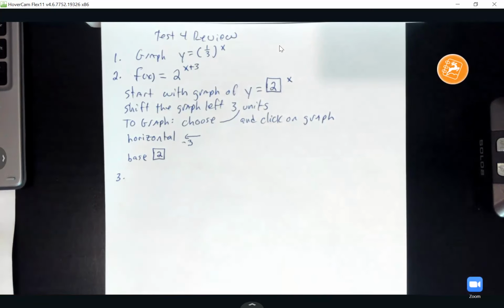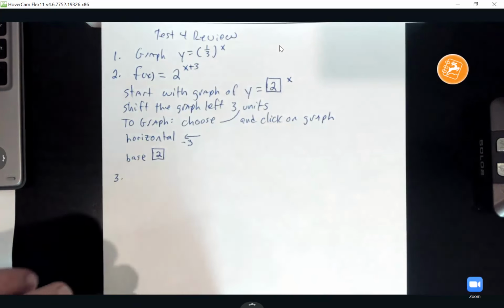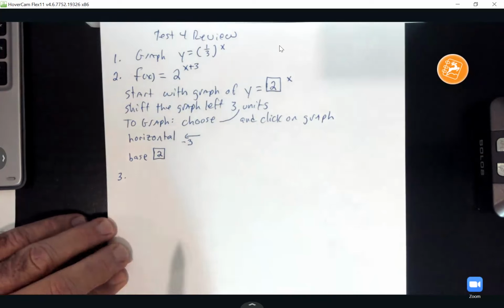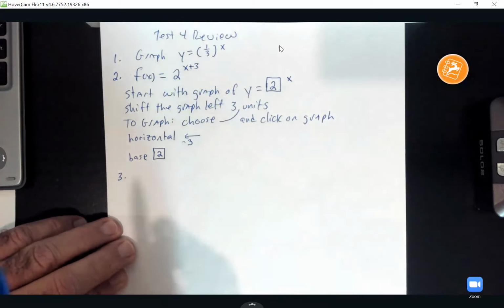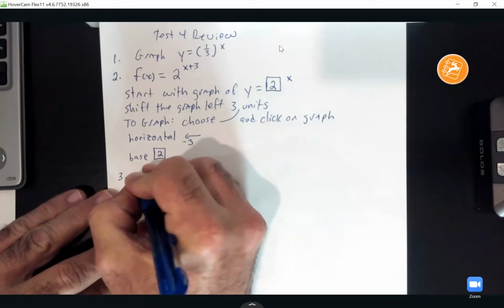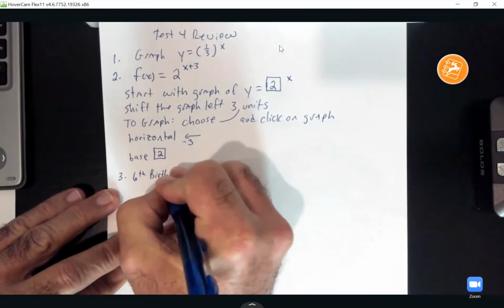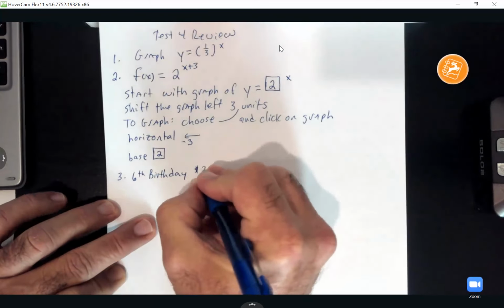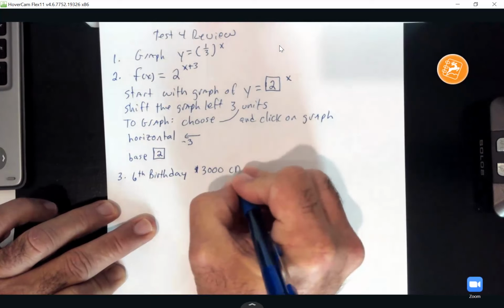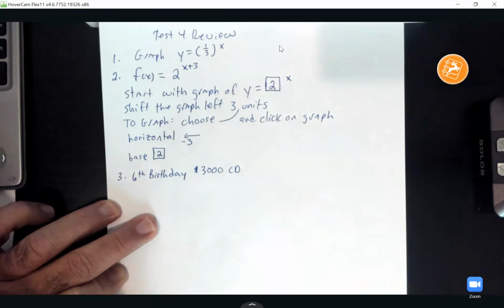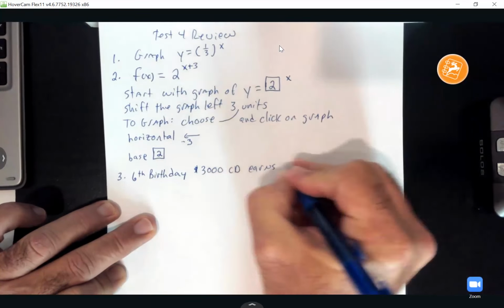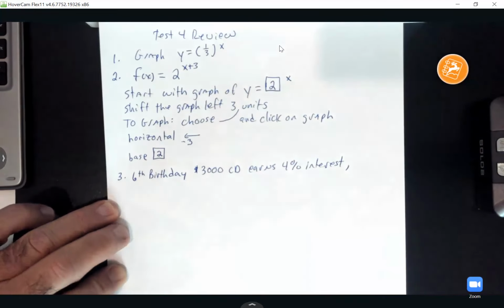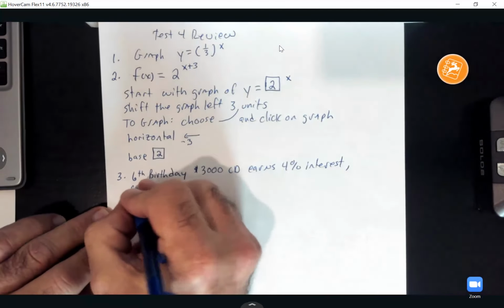All righty, so let's start working some of these other problems. For number 3, this is sort of like a word problem. And it's on Melissa's 6th birthday. So on her 6th birthday, Melissa gets a $3,000 CD that earns 4% interest. And it's compounded semi-annually.